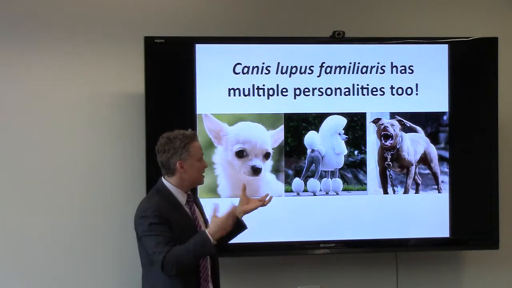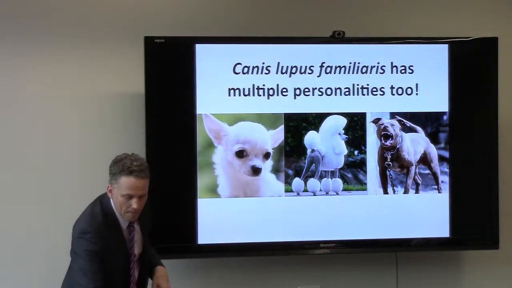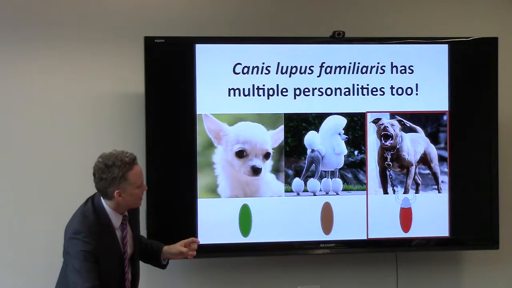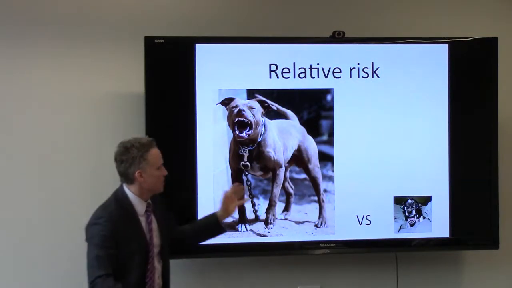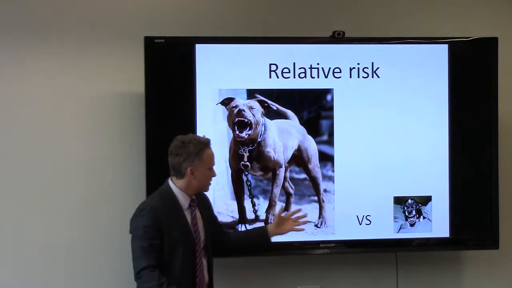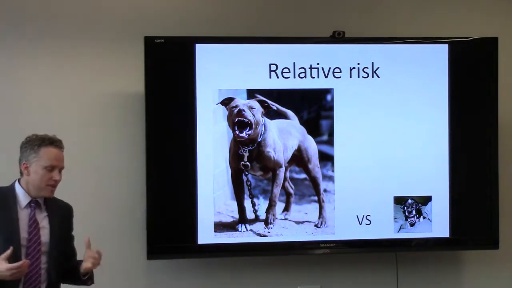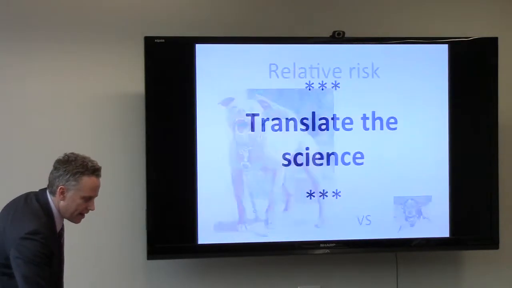They look very different. E. coli is the same way. This is where I start getting in trouble, because then I say, look, the relative risk is not equal between these guys. This guy's vicious, but this guy will do some real damage. And pitbull lovers hate that.